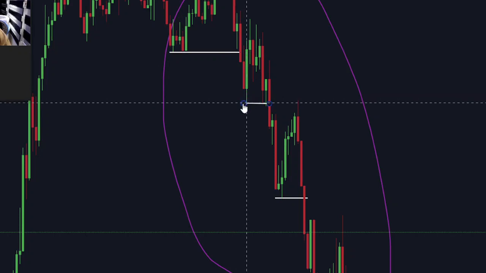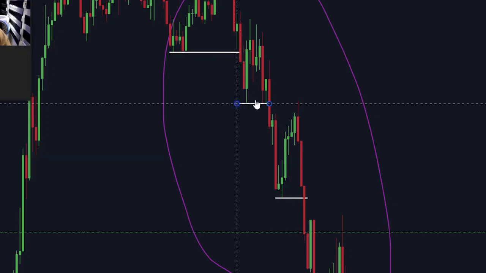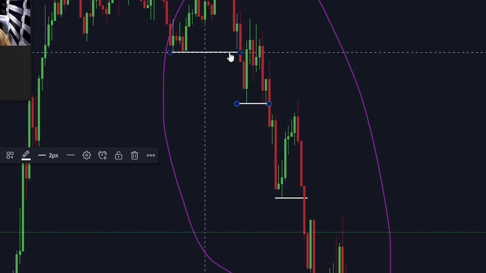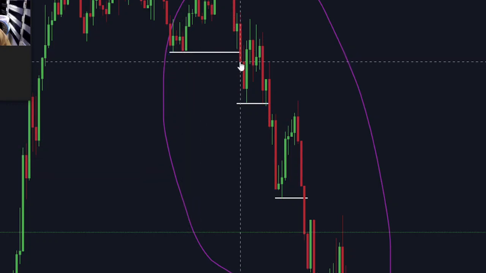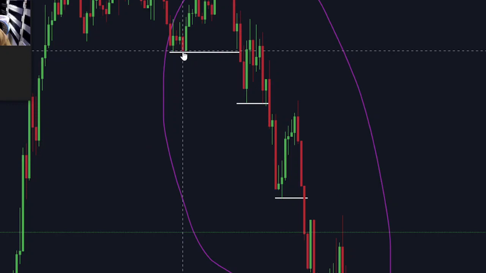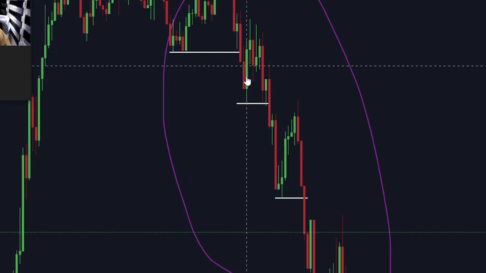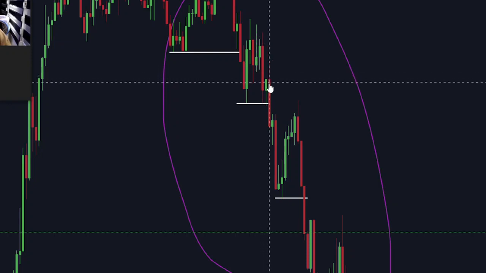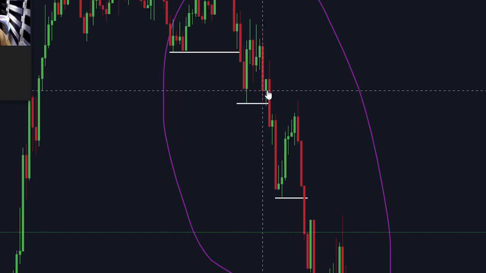You understand something like that? So it's usually the red candle. This red candle broke this structure because it completely closed below this level. You had this structure.